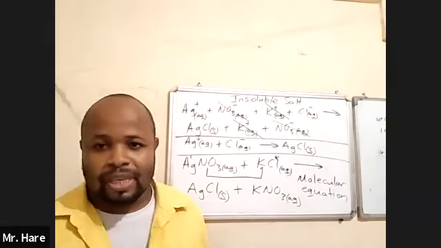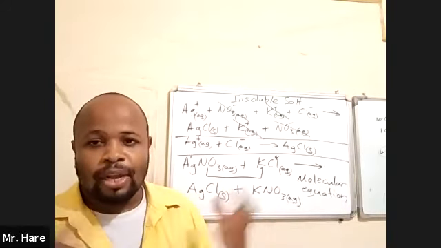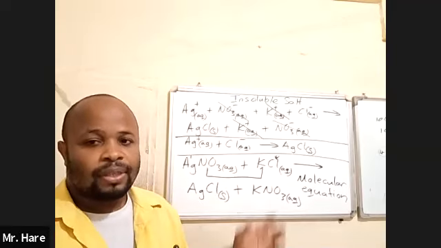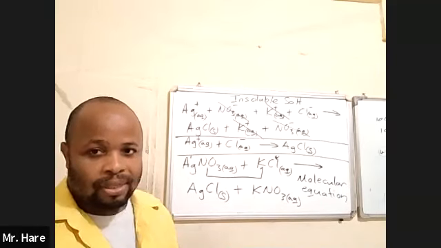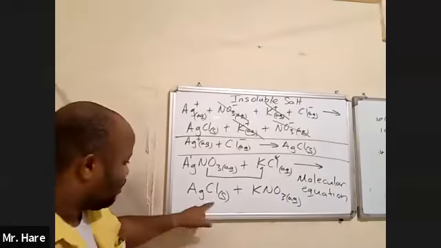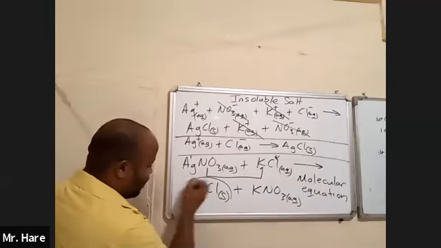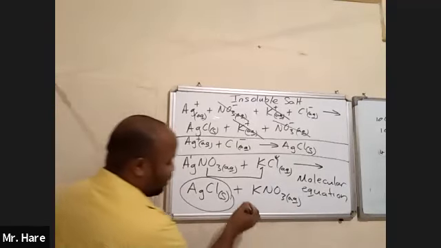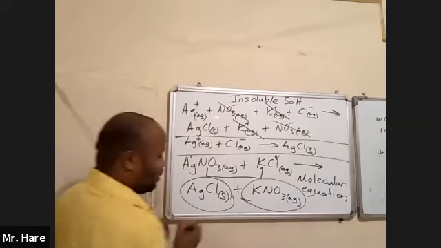In terms of the procedure, you would mix and filter. So you mix the two soluble salts. Remember here, you are getting a solid and you also have a solution.